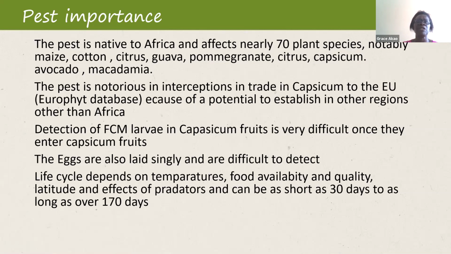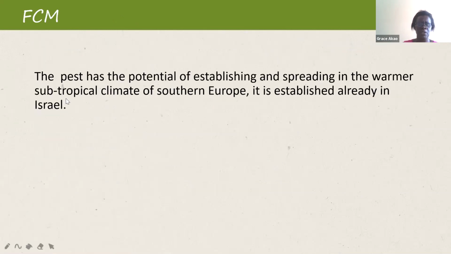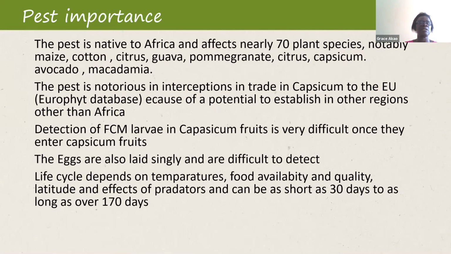So to be able to detect false codling moth larvae in capsicum, particularly if the larval stage is still very young, is difficult once it enters the fruit. You will only see small markings, like a point of injury on the capsicum, whereas the pest organism is already in the fruit.